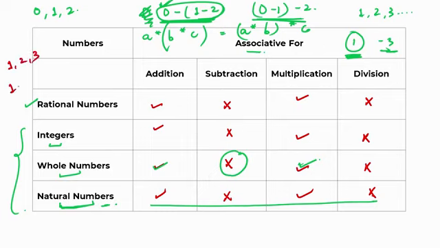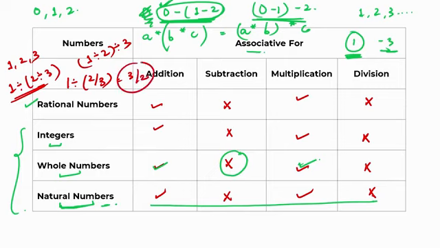So 1 divided by 2 divided by 3, and the other will be 1 divided by 2 divided by 3, with the grouping on the other side. When I solve this, it will be 1 divided by 2 by 3, and this will come out to be 3 by 2.